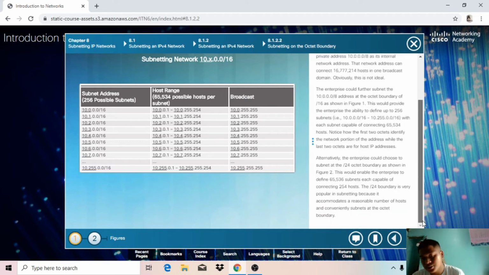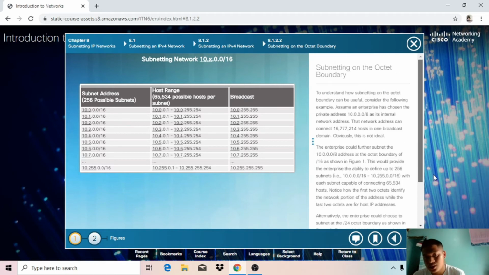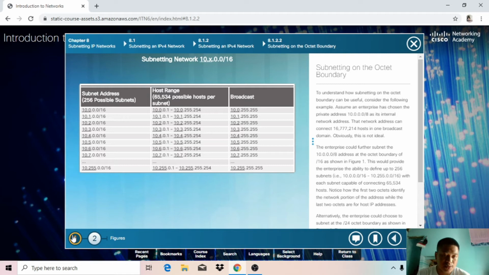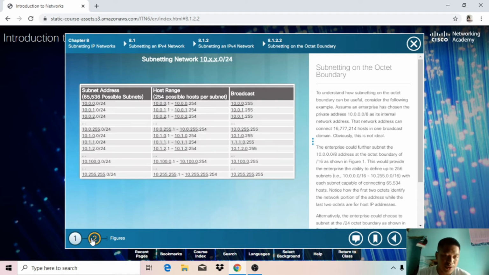To understand subnetting, subnetting on the octet boundary can be useful. Consider the following example in figure 2. There are 65,536 possible subnets, 254 possible hosts per subnet, and this is the broadcast. Did you see the difference between figure 1 and figure 2?